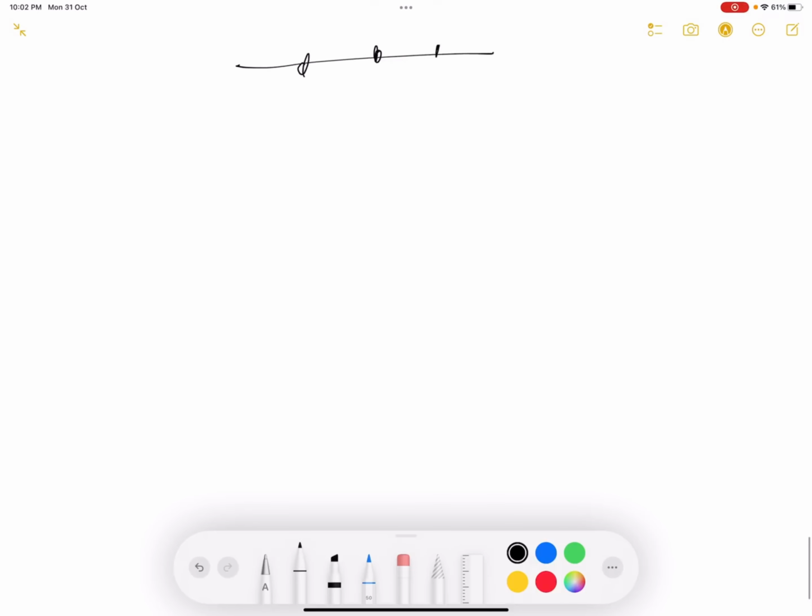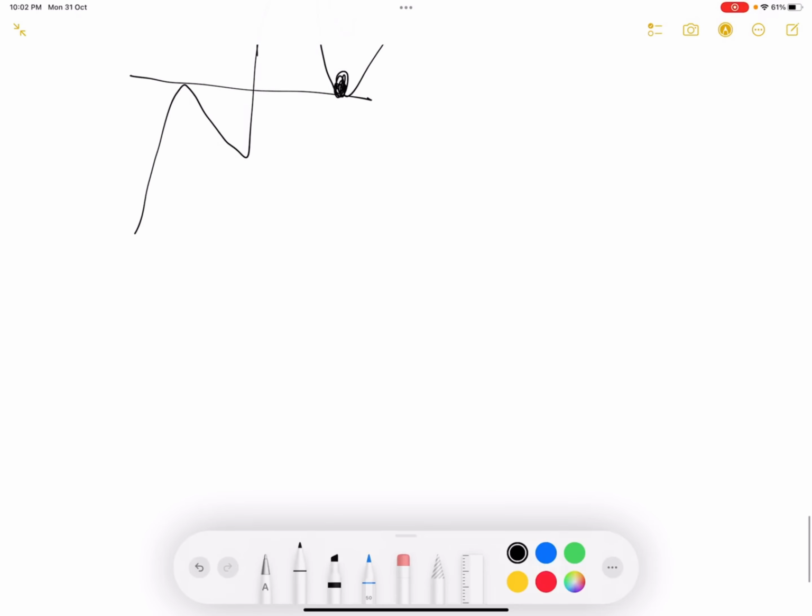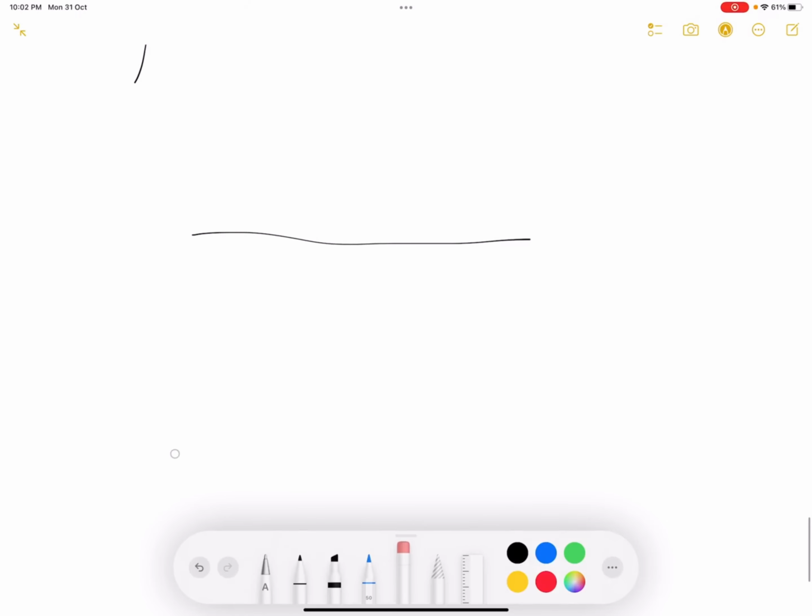Now, some people obviously like to trade in a trend. So in a trend, what do we do? We draw lines here. We wait for the price to come here, and then we trade with the trend. Let's say this is a line. It's an uptrend. Now, how do we trade? We wait for the market to break out and then wait for the pullback.